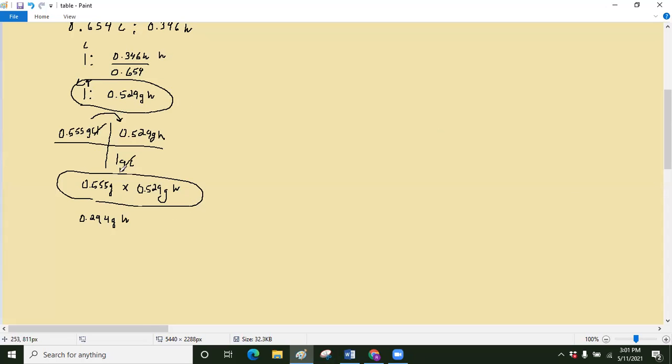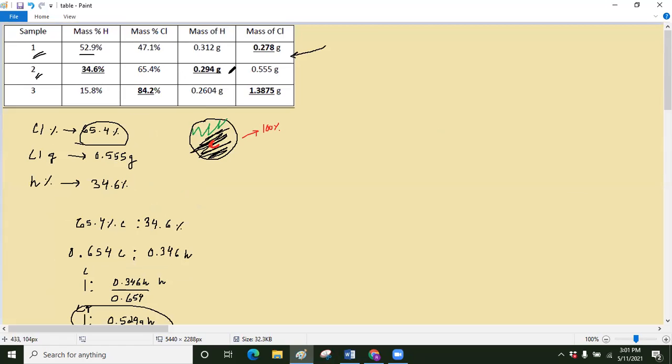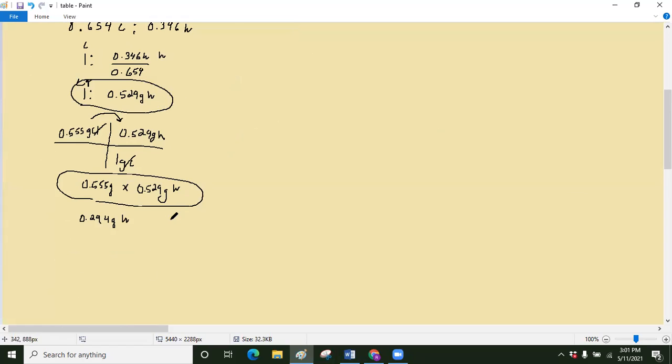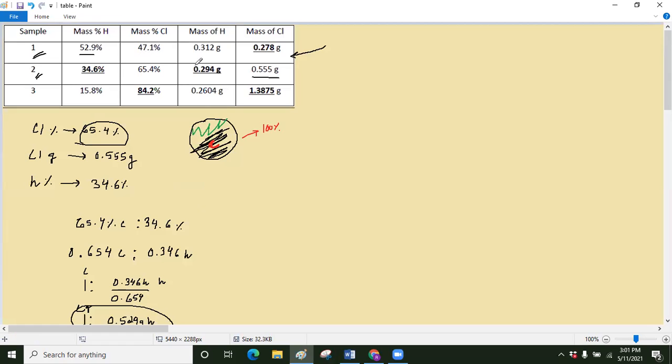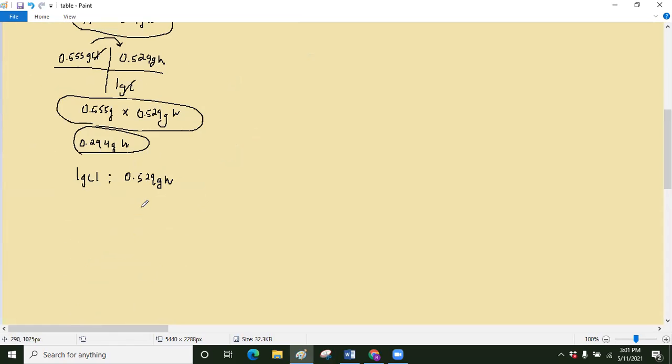Now, what we did here was we had the mass of chlorine, and we were able to make this ratio. But what if I went the other way around? What if I said, okay, for every 1 gram of chlorine, I have 0.529 grams of hydrogen, and if I know how much hydrogen I have, will I come back to this much chlorine? In this case, I figured out by the ratio that I have 0.294 grams of hydrogen, and I have this conversion factor. So can I go from hydrogen to chlorine?